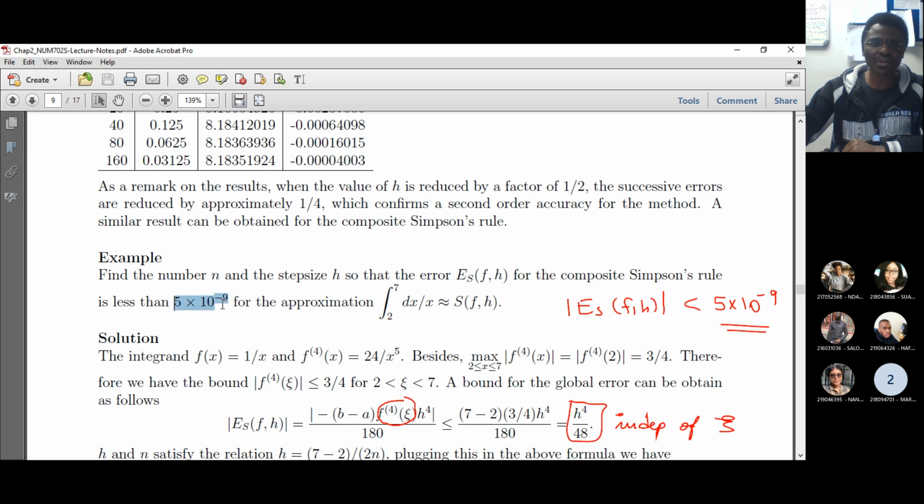So this is like our tolerance. And for that, we use the actual expression of the error term for the Simpson rule.